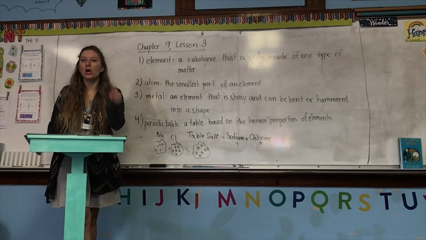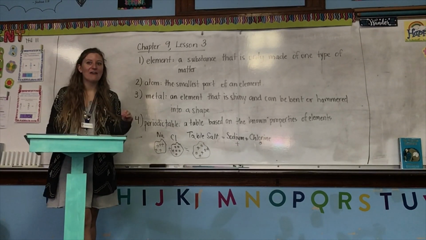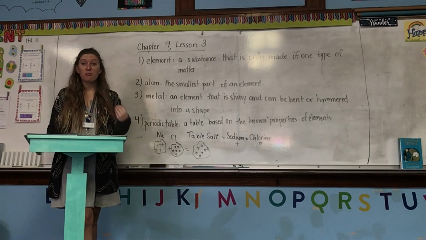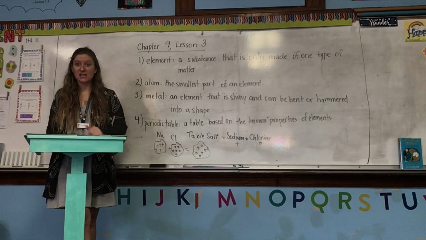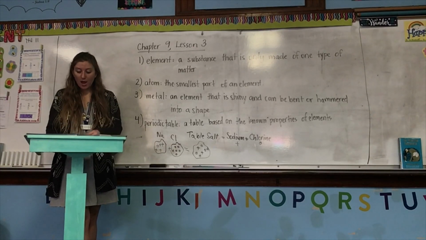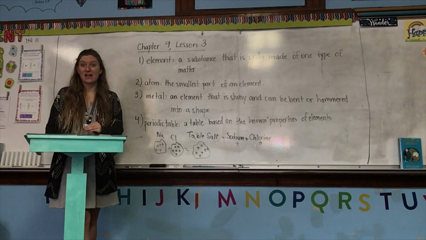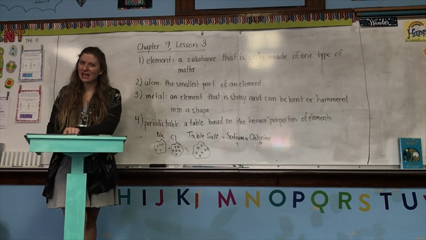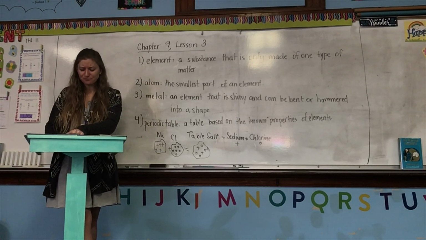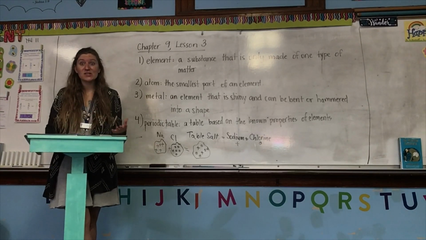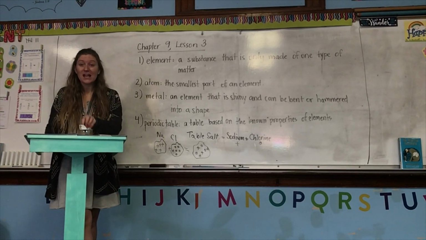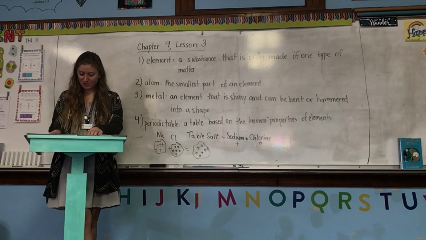That's because they know that they're out there, but they haven't actually found them yet. They've predicted that there are elements that would go in those places, but they don't know what they are yet. I think number 118 for sure is one of the ones that have been discovered since this textbook was published.